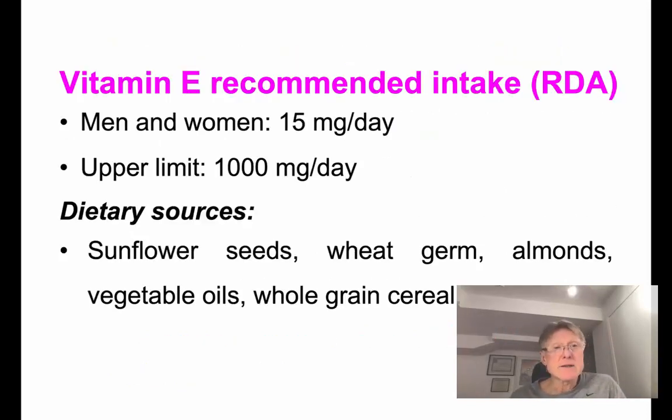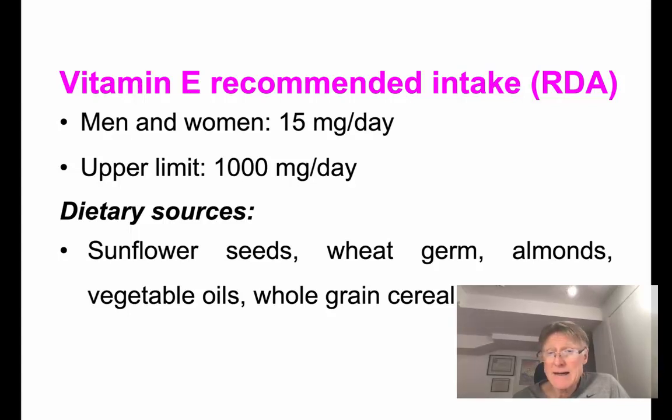So the recommended daily allowance of vitamin E for men and women is approximately 15 milligrams per day, and there is an upper limit of 1,000 milligrams per day. So what are the dietary sources? Usually seeds, especially sunflower seeds, wheat germ, almonds, vegetable oils, and whole grain cereals.